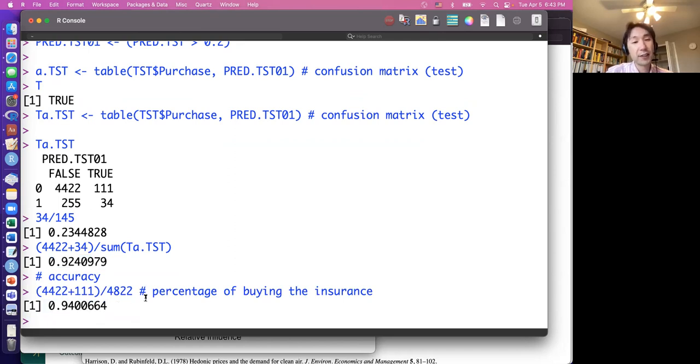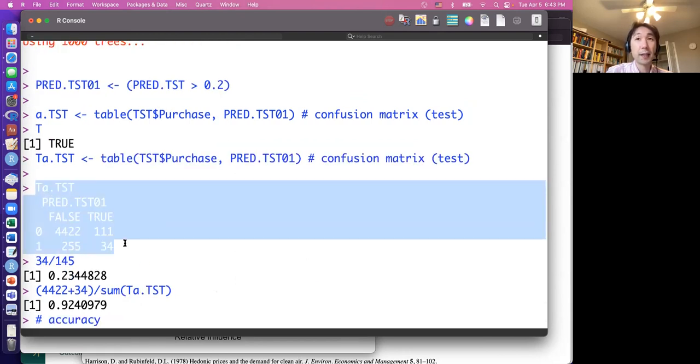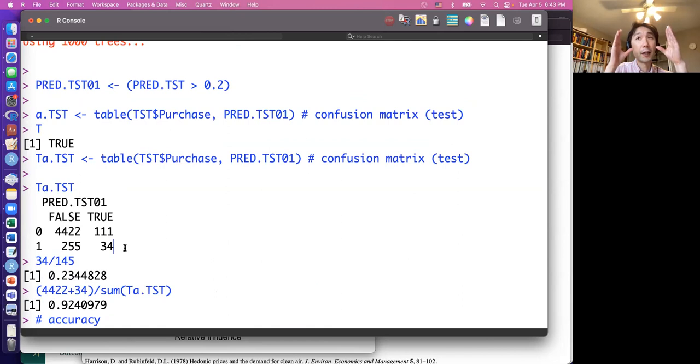So accuracy does not make sense here, but certainly this prediction makes sense, because if we want to narrow down a specific group of customers who are likely to buy the insurance, it works. If we, for example, send the 145 people a direct mail, then 34 of them buy the product.